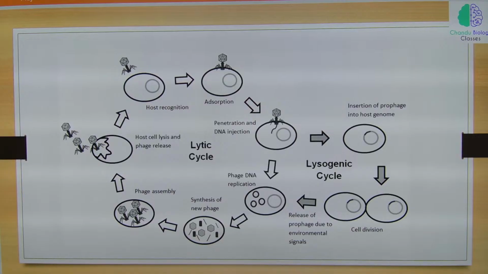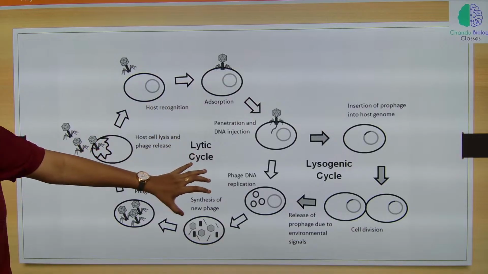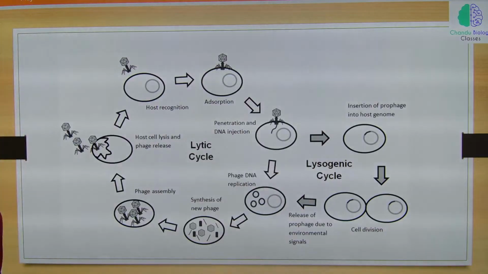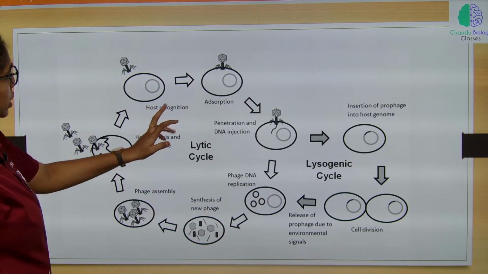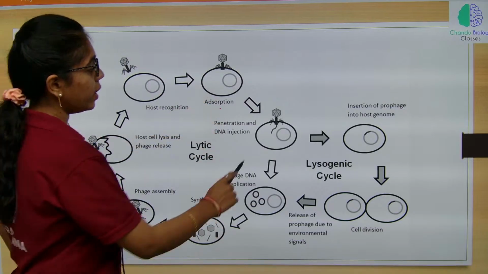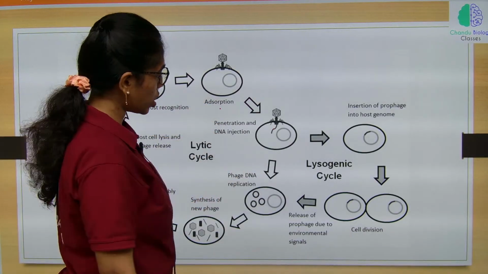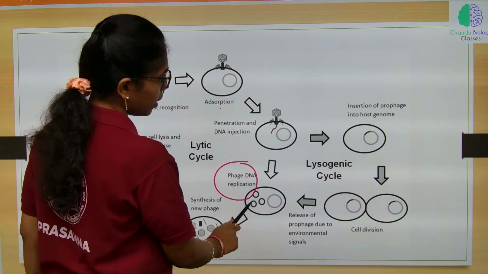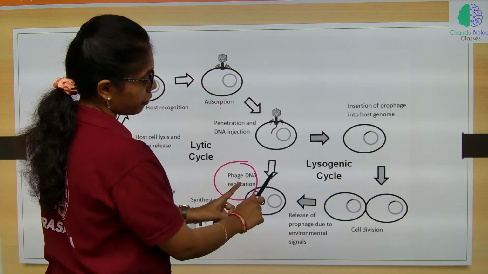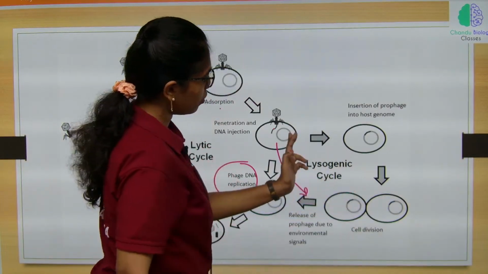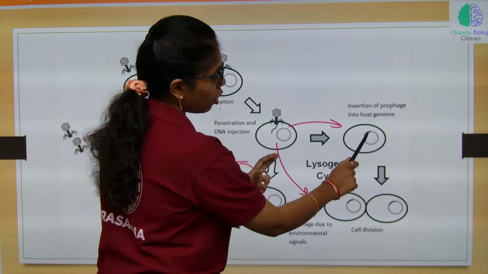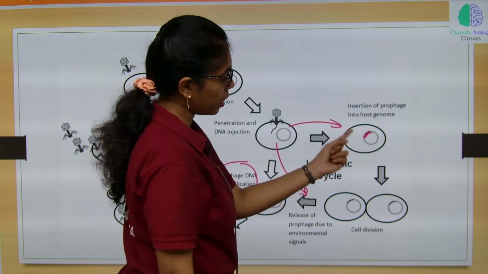Here you can see the comparative cycle between lytic and lysogenic. First you see adsorption and then penetration or DNA injection into the host cell. Phage DNA will be replicating. If prophage is formed over here, this undergoes cell division from here. Insertion of the prophage, integrating into the bacterial genome, enters where?